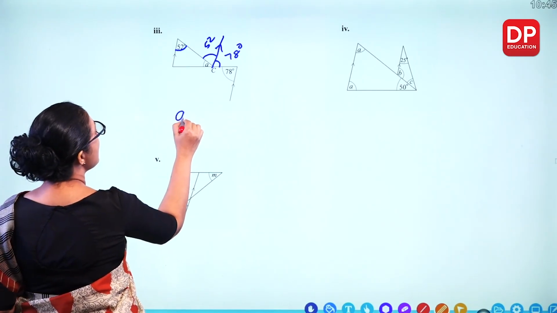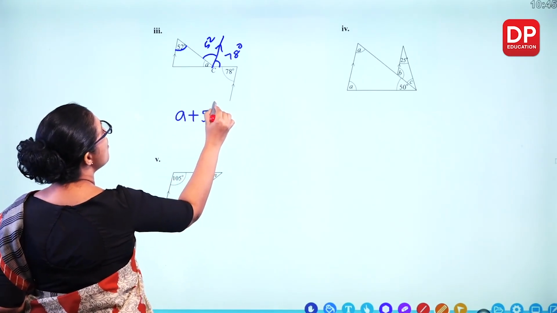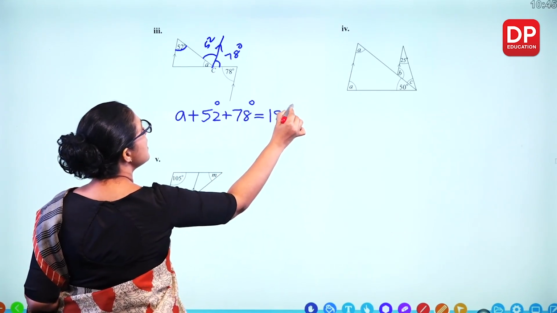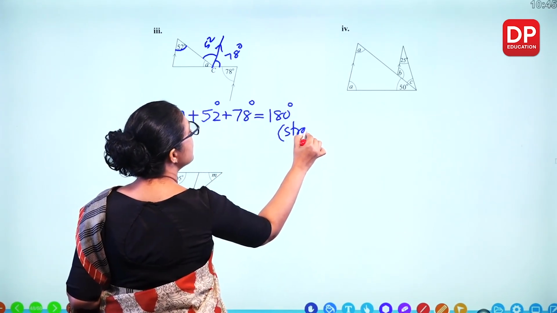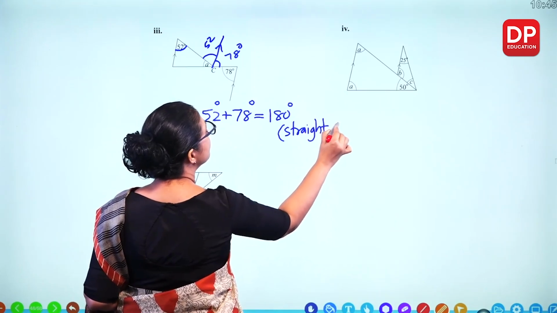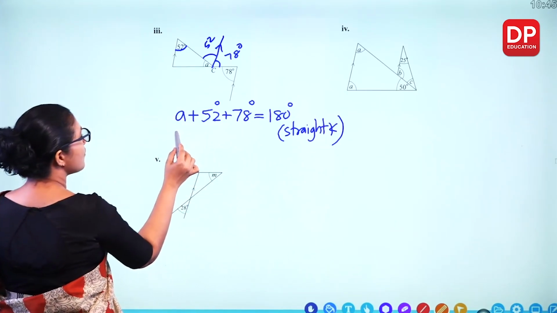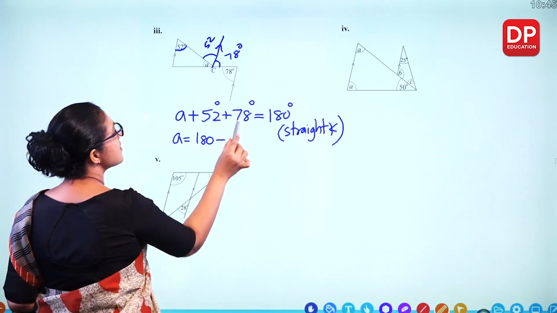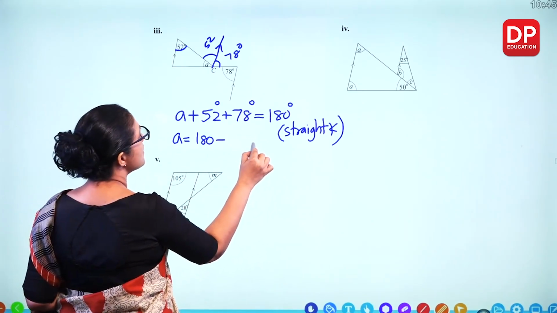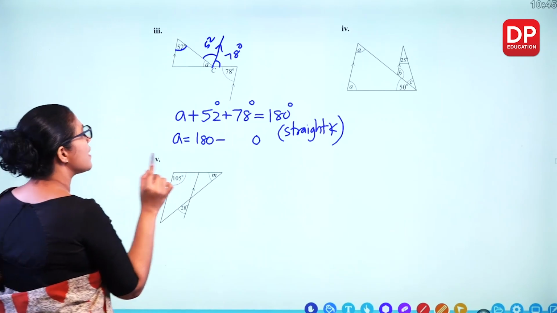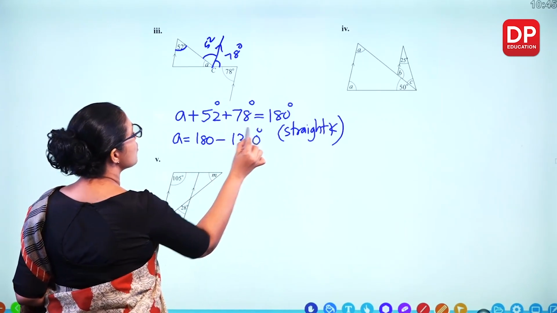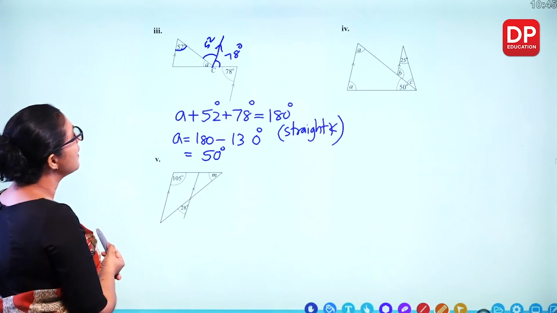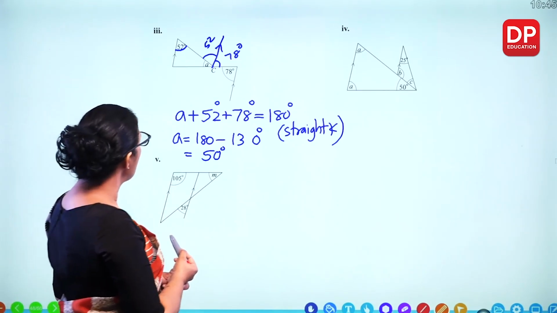So you can write A plus 52 plus 78 is equal to 180 because of the straight angle. So what's A? 180 minus the sum. What's the sum? 52 plus 78 is 130. So 50 degrees for A.